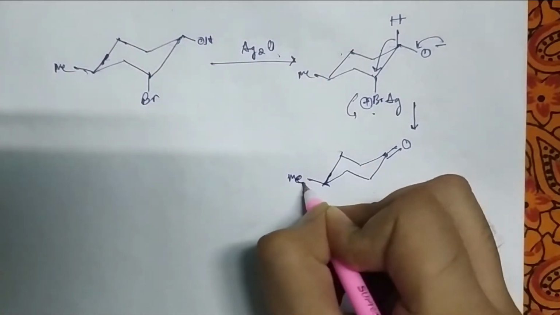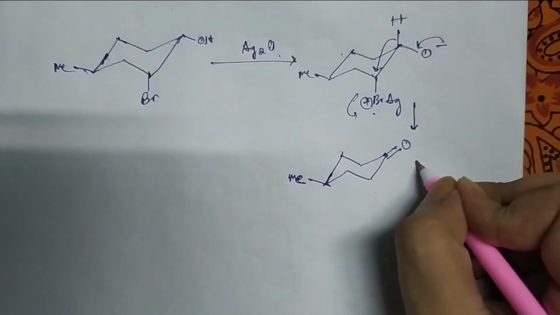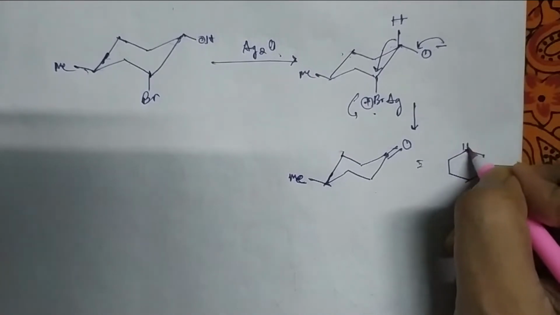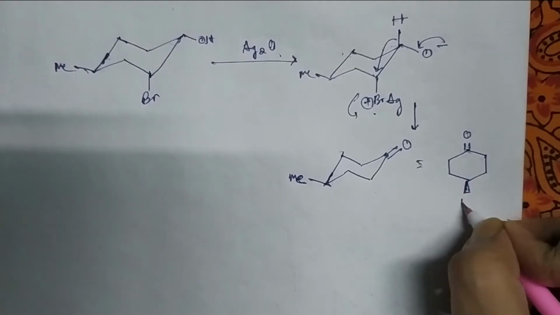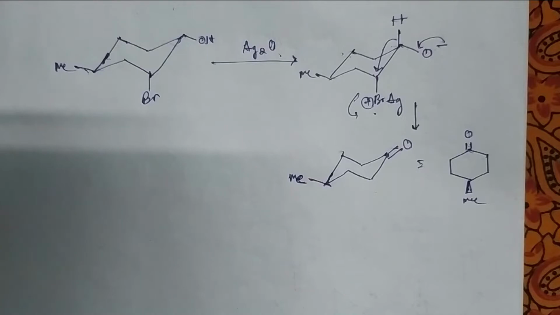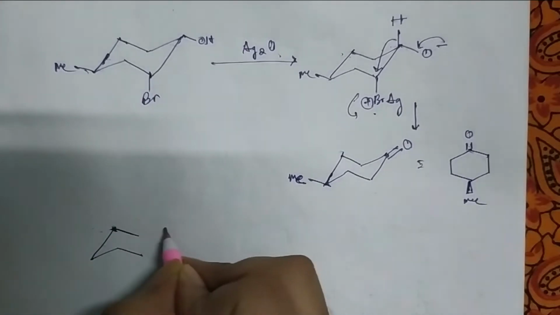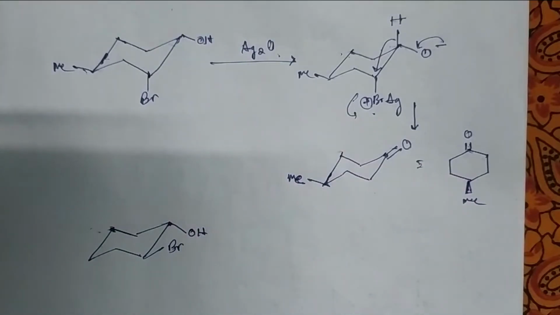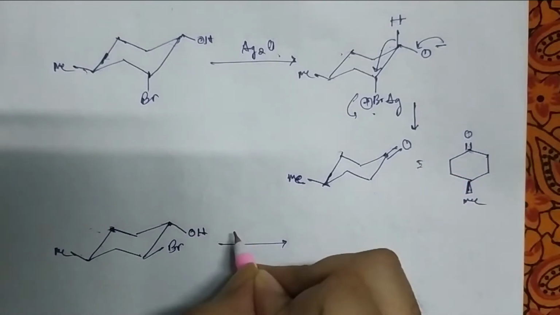We get this as a product from this isomer in the simple form. So let's take another conformation. For this conformation the same thing happens.